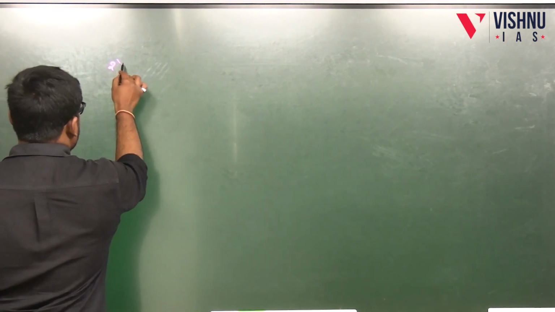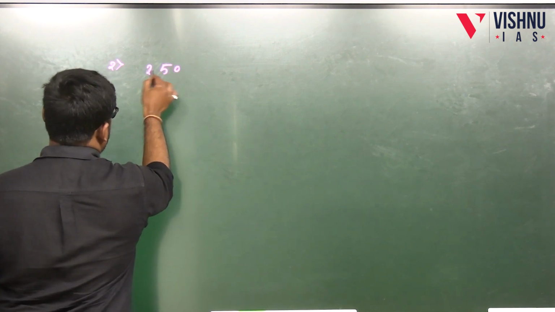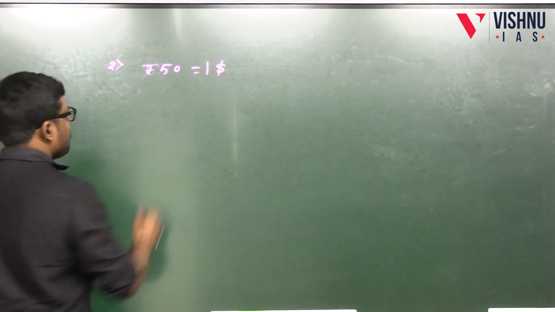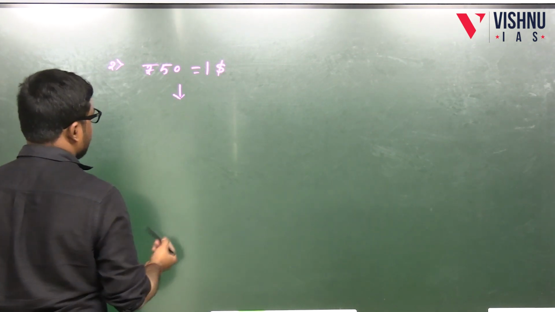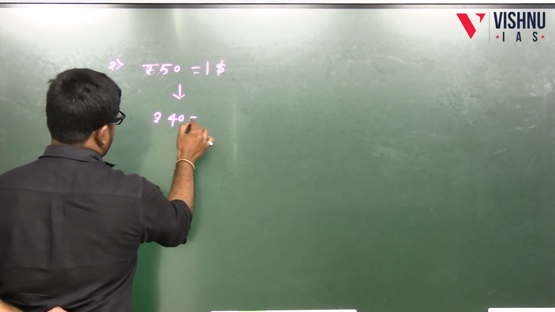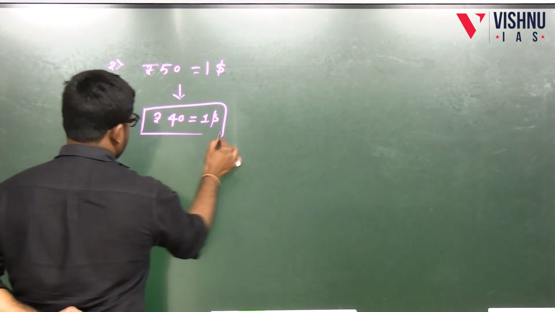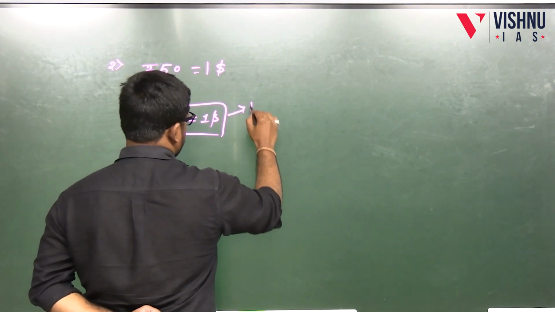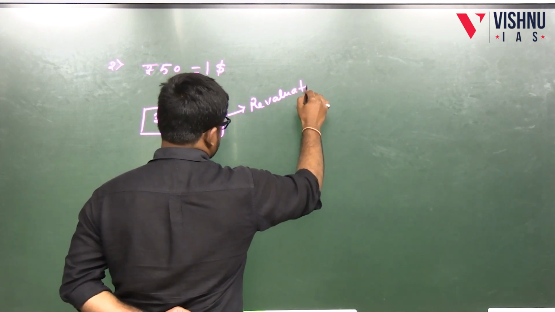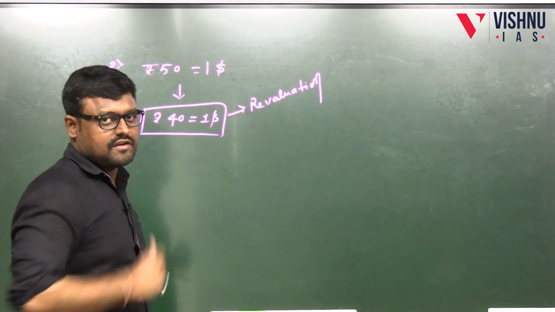Similarly, suppose initially 50 rupees is equal to $1, and RBI makes this 40 rupees per dollar. So this is called revaluation of Indian currency. Understand the difference between revaluation and appreciation.